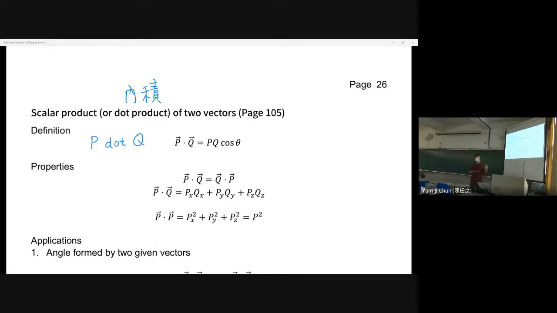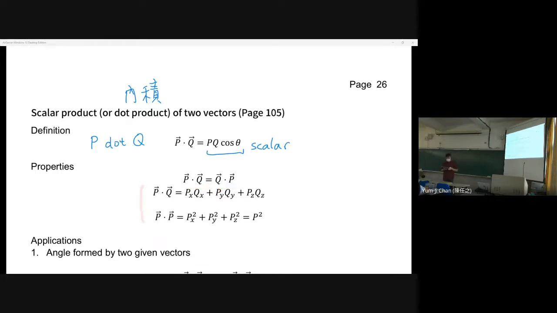And the scalar product of two vectors is a scalar, and it is equal to P times Q times cosine theta. For vector products, P cross Q does not equal Q cross P, but in dot product, P dot Q is equal to Q dot P. And I think you know these properties, right?